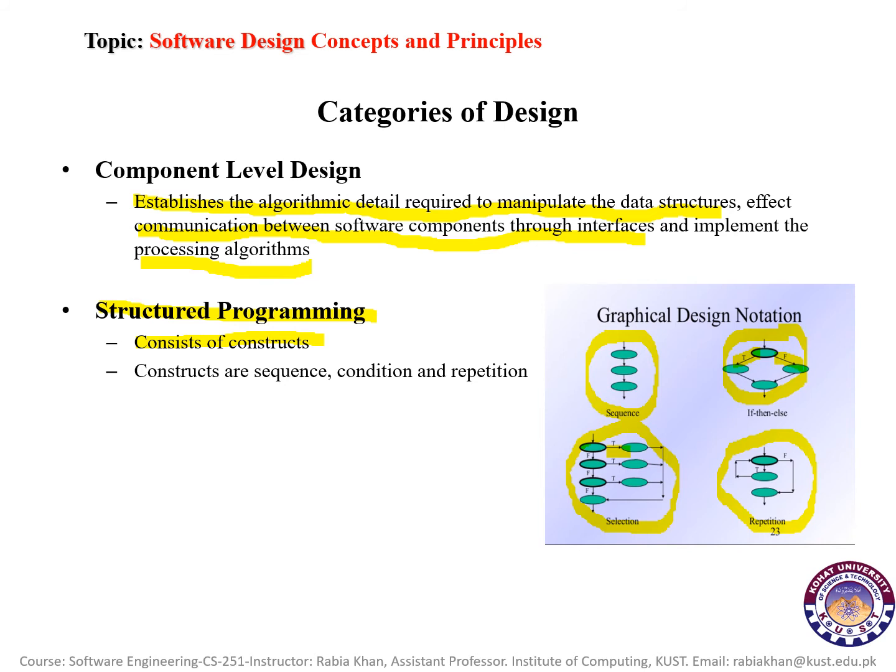So the sequence implements the processing steps that are essential in the specification of any algorithm. So the sequence means certain steps need to be followed one after another in a sequence.